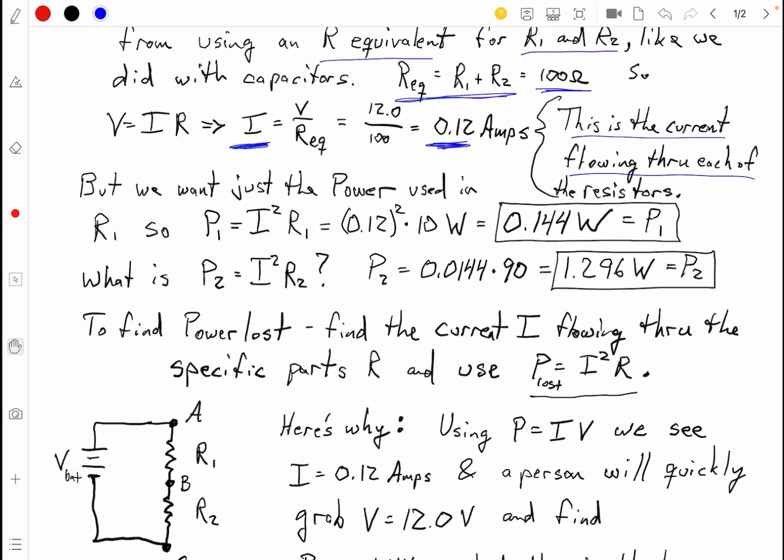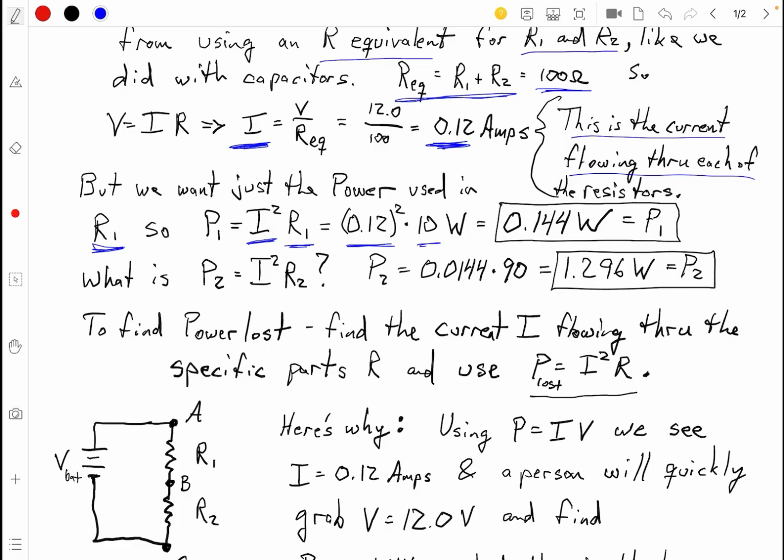But we want to just find the power used in R1. So if we just want to find the power used in R1, then we're going to take our current through R1 squared and then multiply by R1. So that's 0.12 squared times 10.